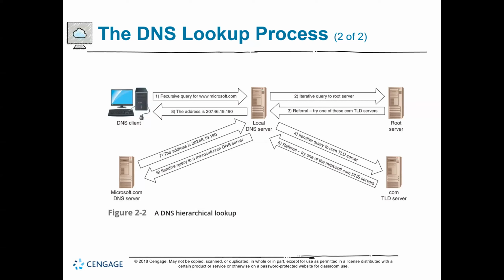Then 4, iterative query to COM TLD server. 5, referral, try one of the Microsoft.com DNS servers. Then you see it over here on 6, iterative query to Microsoft.com DNS server. And then, there's the address. And then up there it goes, here's the address, and gives it back. So you have this nice little bing, bing, bing around, and it shows where that goes.